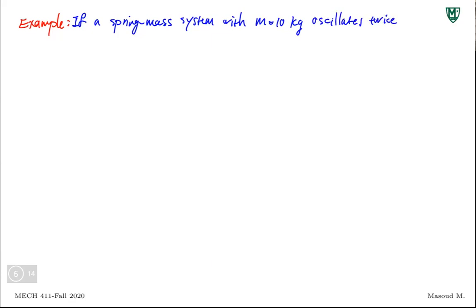Now in this one, I'm telling you that a spring mass system, let's say with m equal to 10 kilogram, oscillates twice every second.